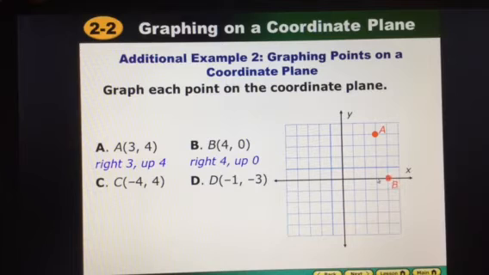Oops, I didn't move over 4, sorry. Point B. And then C, we're going to go negative 4 on the x, so 1, 2, 3, 4. And then we go up 4 on the y. So we are at point C. And then D, x is negative 1, so we go left 1, and down 3 because we're at negative 3 on the y. So there's point D.